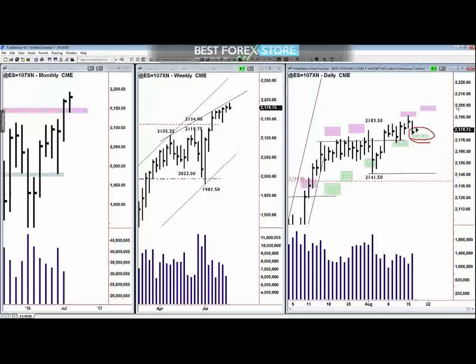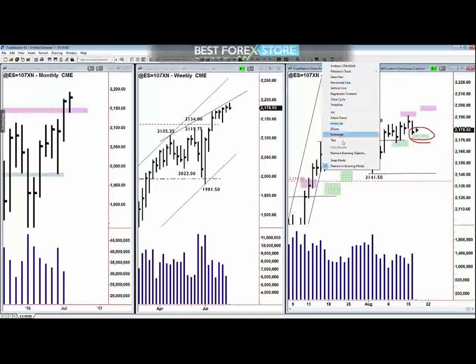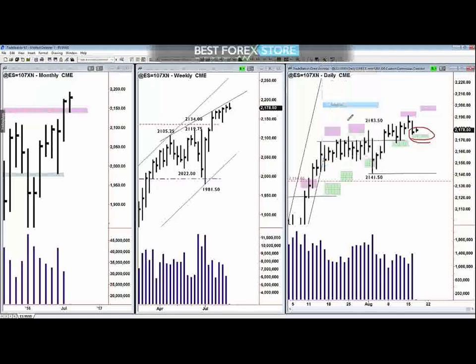Yeah, 2200. That would be if we get up that far. That would be the line I would be looking at. I didn't draw that in here. I've got it on something like that. Okay. So that's what I'd be looking for.